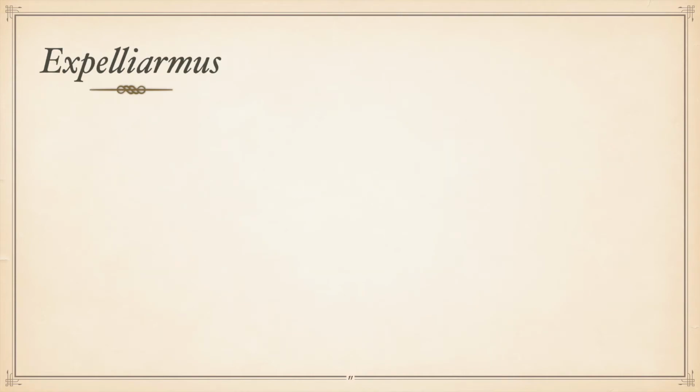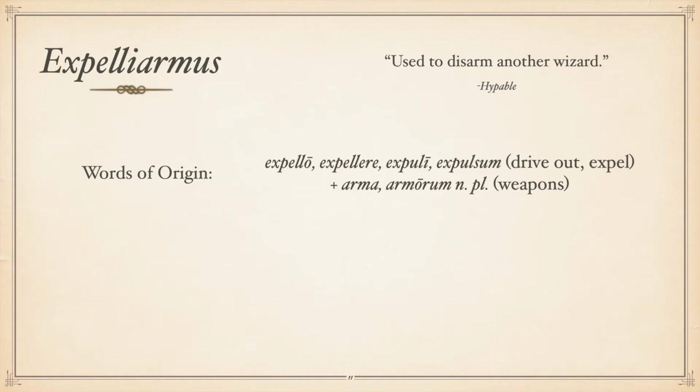Next is Expelliarmus, used to disarm another wizard. I'm going to start speeding up here because this is already much longer than I thought it was going to be. Sorry about that. So Expelliarmus comes from expello, expellere, which is a variation on the word that we have learned, which is pello, pellere, to drive out or expel. To my understanding, they mean basically the same.